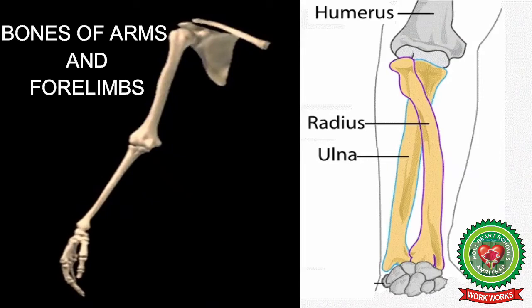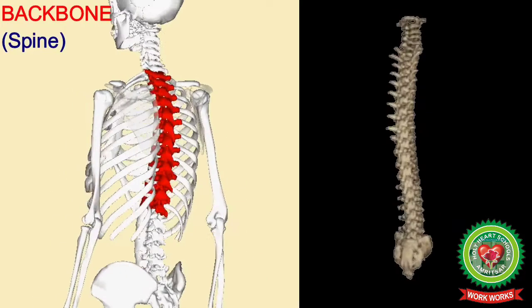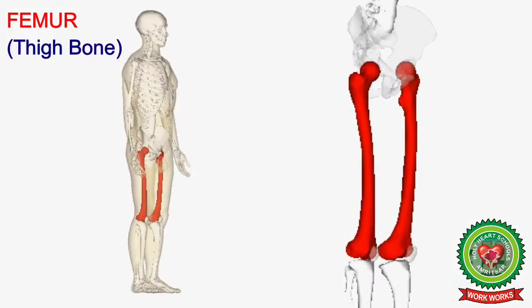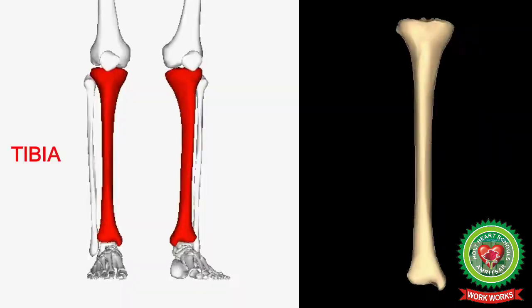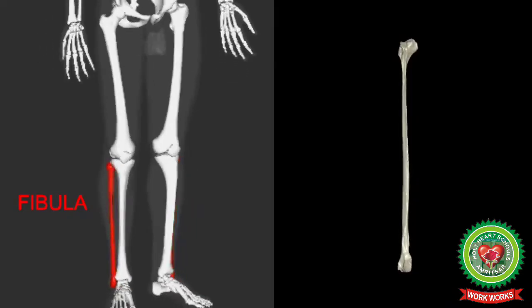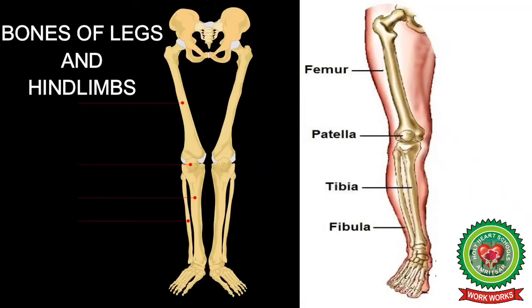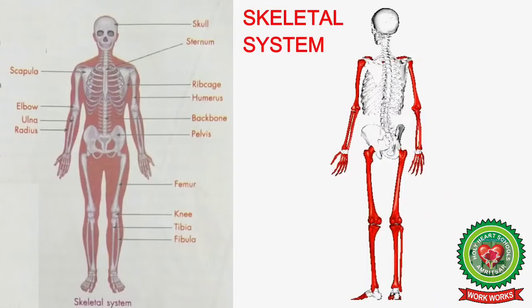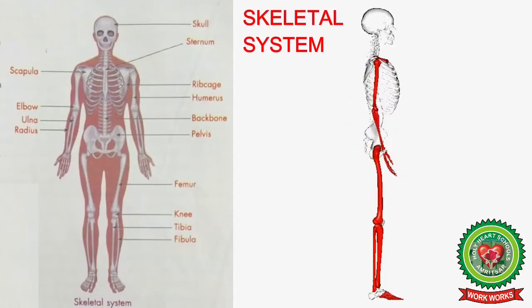These are the bones of the arms or forelimb. Then we have the backbone, pelvis. After that we have femur, knee, tibia and fibula. These are the bones of the legs or hind limbs. Students, we will discuss these parts of the skeletal system in detail further in this chapter.